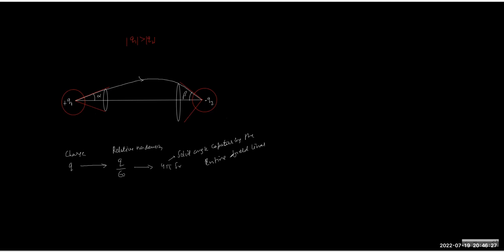So you can see clearly that if this is alpha, can we say this angle is omega 1? And can we say this angle is omega 2?